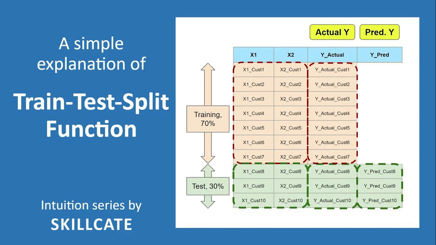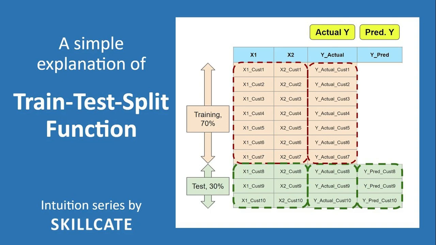Okay, we have actual Y and predicted Y. Actual Y is the real action, the real solution we have. Real data.